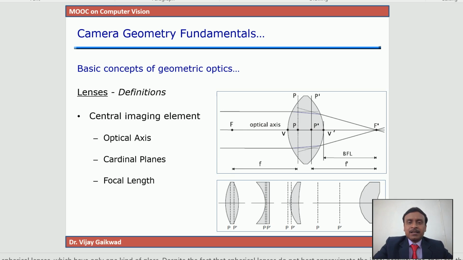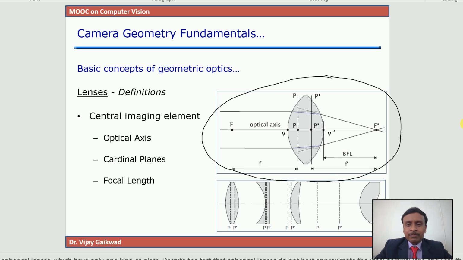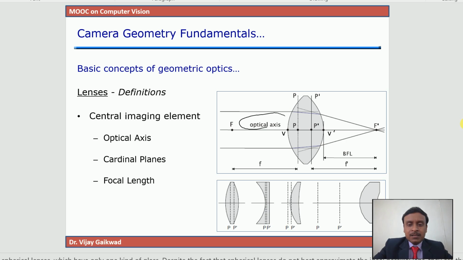Let's understand the important concept called lens. Lens is the central imaging element of a camera, and it has three main components. The first component is called the optical axis. You'll find the sketch of the lens in this photograph, and the optical axis is this one.